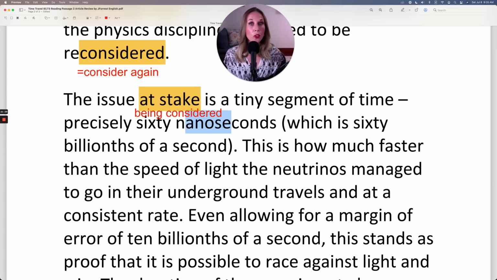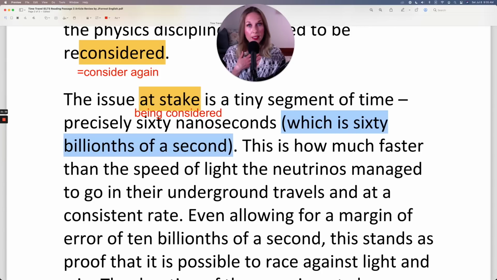So now they're going to explain what 60 nanoseconds is because the average person who is not a physicist does not know. So 60 nanoseconds is 60 billionths of a second. So you have 1 second and then you divide that 1 second into billions and you take 60 of them.